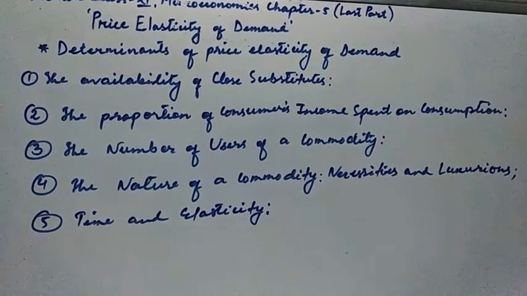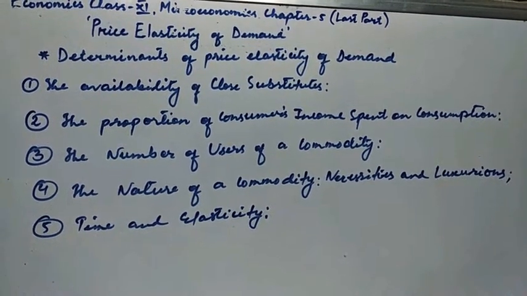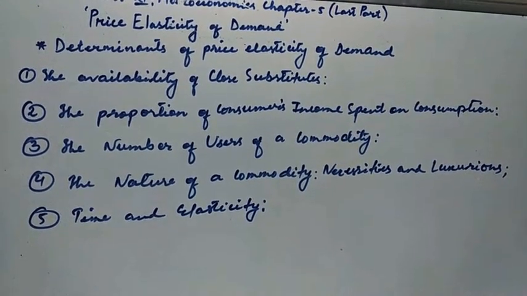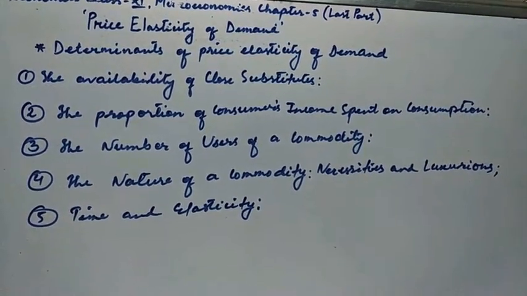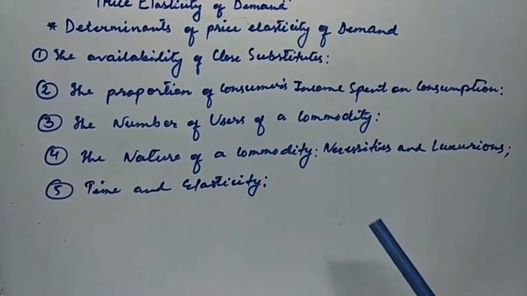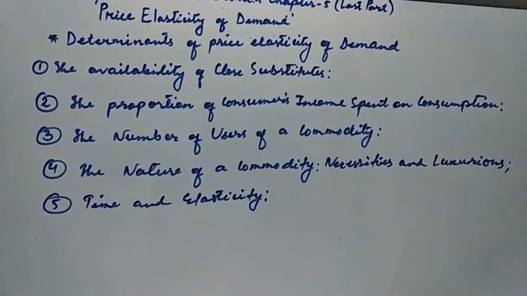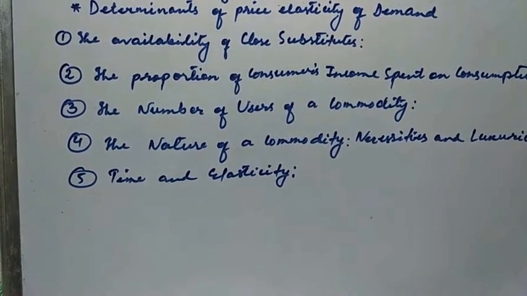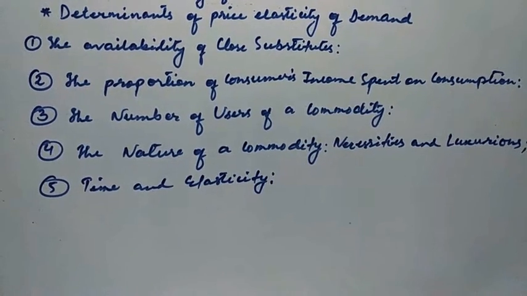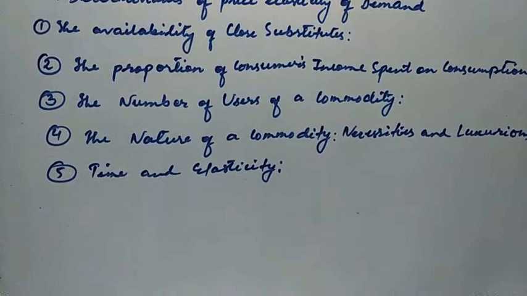But when the price is low, then they will use that milk for many purposes, and they will demand more. So according to the number of uses of a commodity, price elasticity also changes. The higher the number of ways in which the commodity can be used, the greater will be the price elasticity of demand.